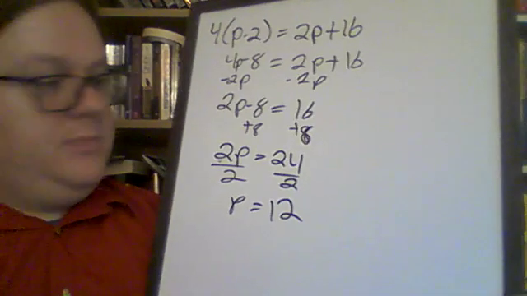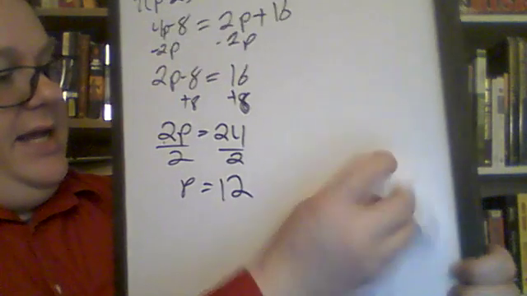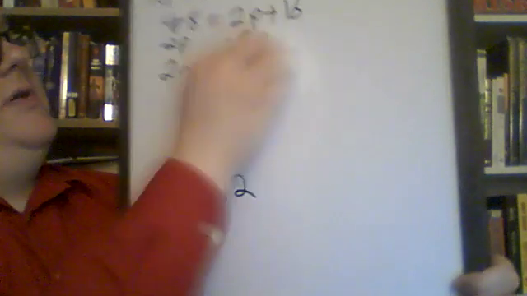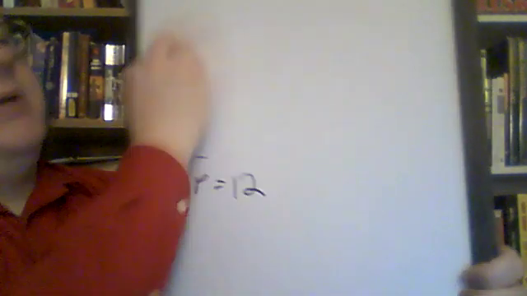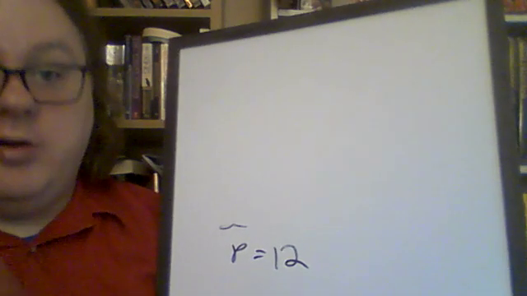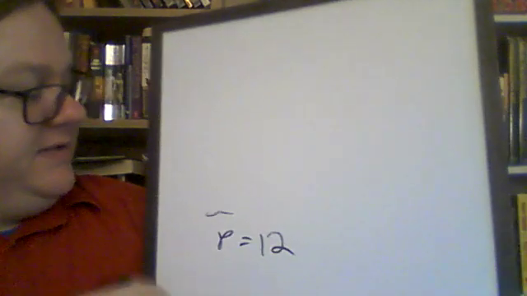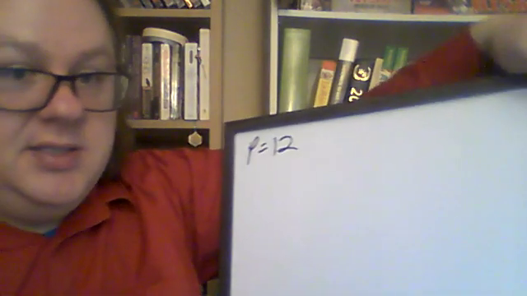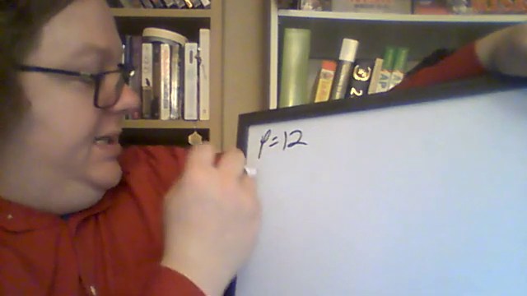Now, that is not the end of the problem, because the way the problem is phrased, it says find the perimeter value, which means we have to take this p equals 12 and put it back into one of those original equations. I'm going to do 2p plus 16.